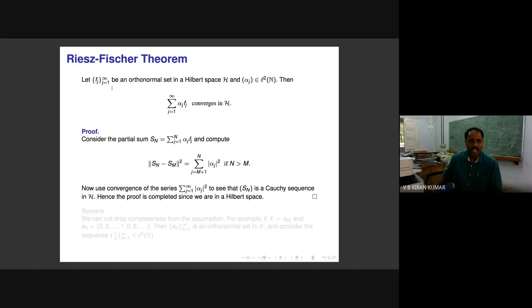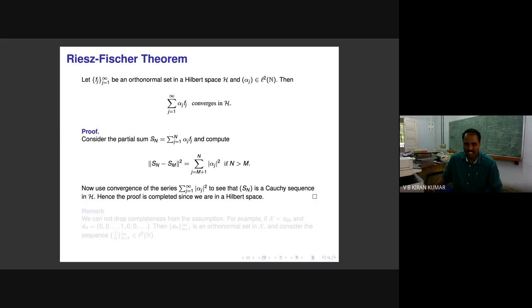So you start from an orthonormal set in a Hilbert space H, and you start from any sequence alpha_j in L2N. Then this infinite series will converge to some element in H. The convergence is easy to establish now because we are in a Hilbert space. It suffices to prove that the nth partial sum of this series is Cauchy, since every Cauchy sequence is convergent in a Hilbert space.